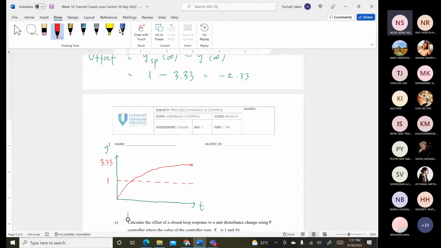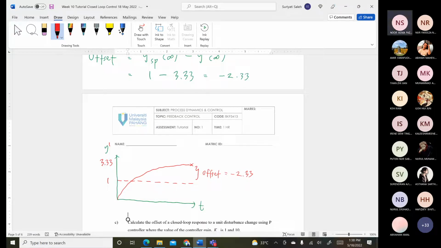So this means the value obtained is exceeding the target. This is what is meant by offset. Offset negative 2.33. If you have positive offset, that means the value obtained is below the target. In this case, the value is higher than the target, so you get negative offset.